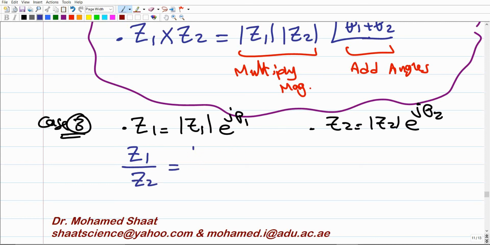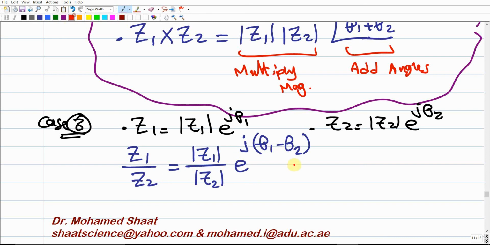You do the division considering which is on top and which is in the denominator. The magnitude of z1 is divided by the magnitude of z2, and then you subtract. z1 is on the numerator, so it should be θ1 minus the angle of the complex number in the denominator, which is z2. So it should be θ1 minus θ2.